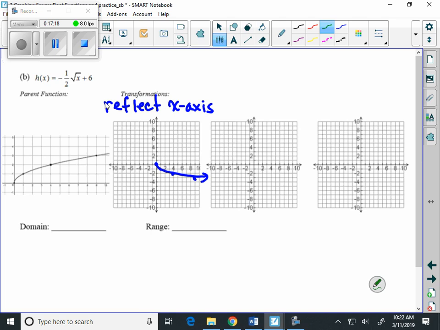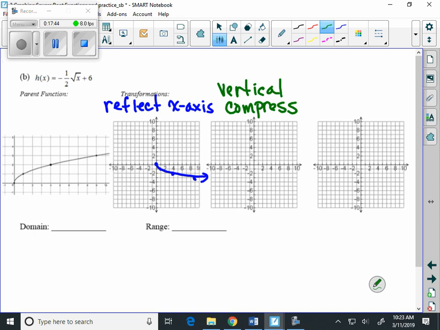Again, let me emphasize that the negative does something, and then the 1/2 does something else. So the 1/2 is going to determine our next transformation, which is a vertical compression. It's going to be very hard to see on the graph.